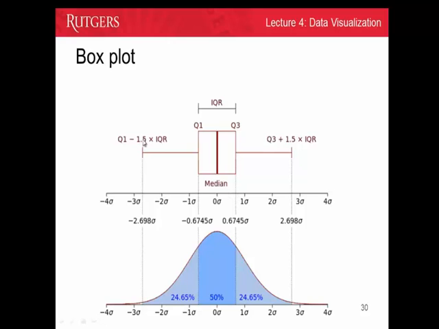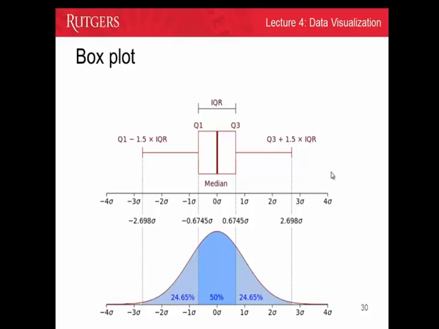The whiskers extend 1.5 times the interquartile range. Any data inside the whiskers is considered normal data points, while data outside the whiskers is considered outliers.